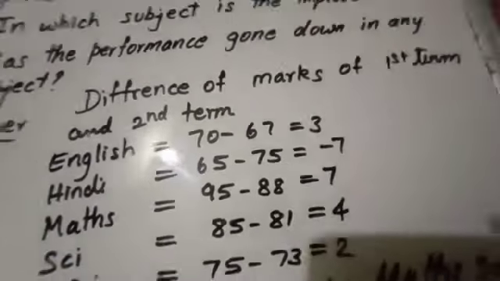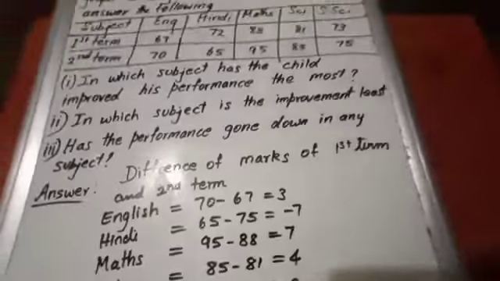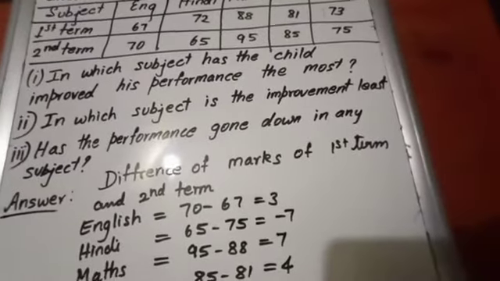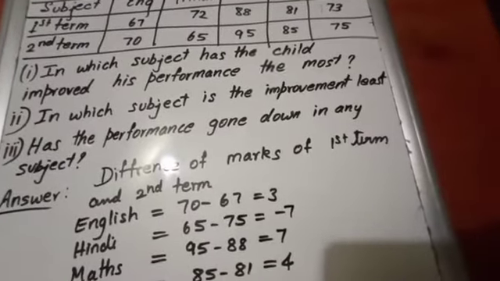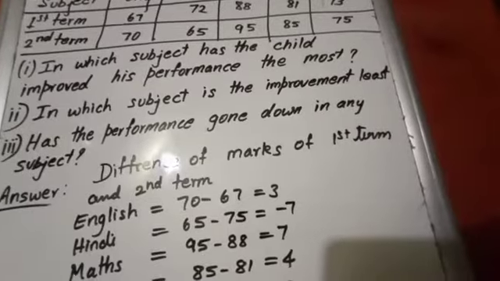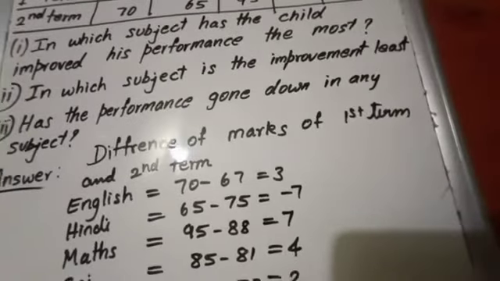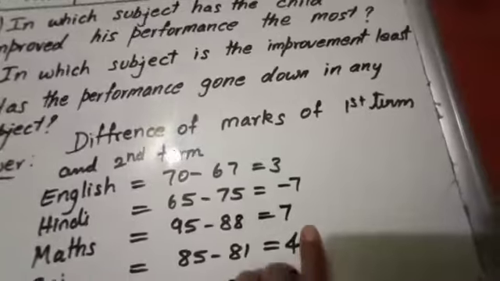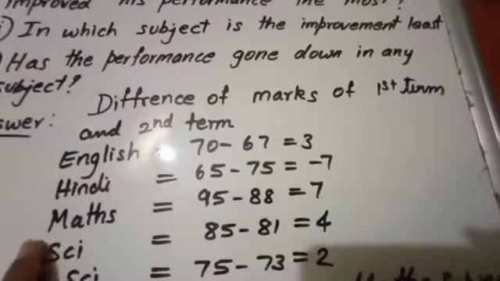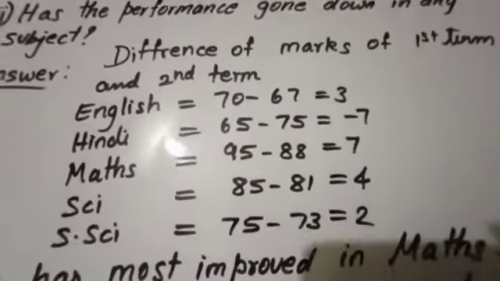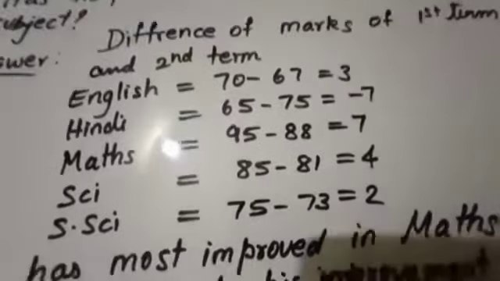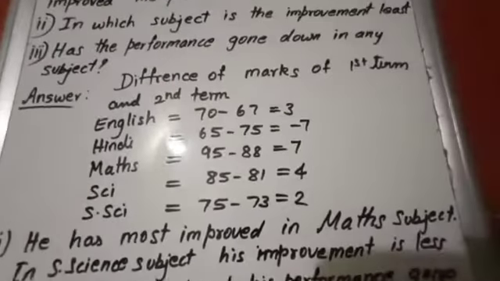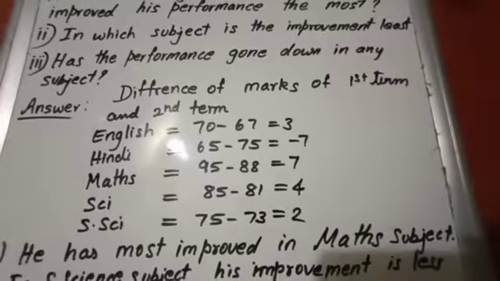So let us see what questions they have asked. The first question is: in which subject has the child improved his performance the most? The highest one is 7. Which subject is that? Maths subject. So you can write that he has improved most in maths.